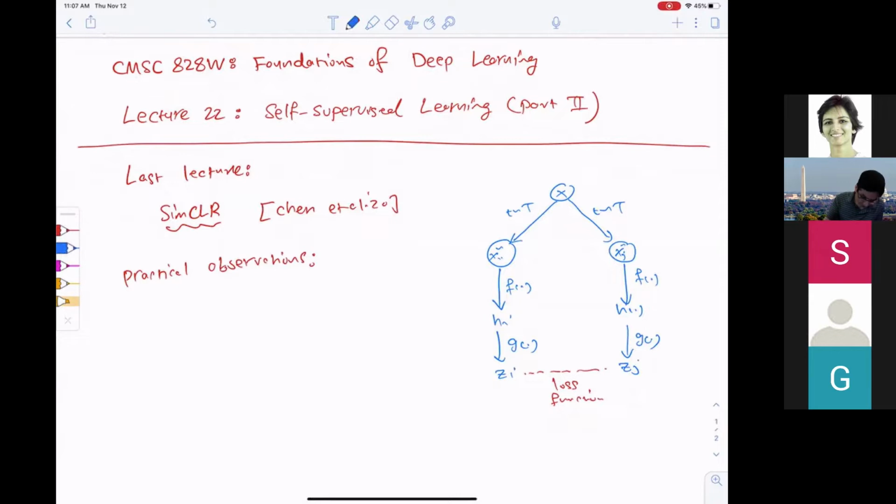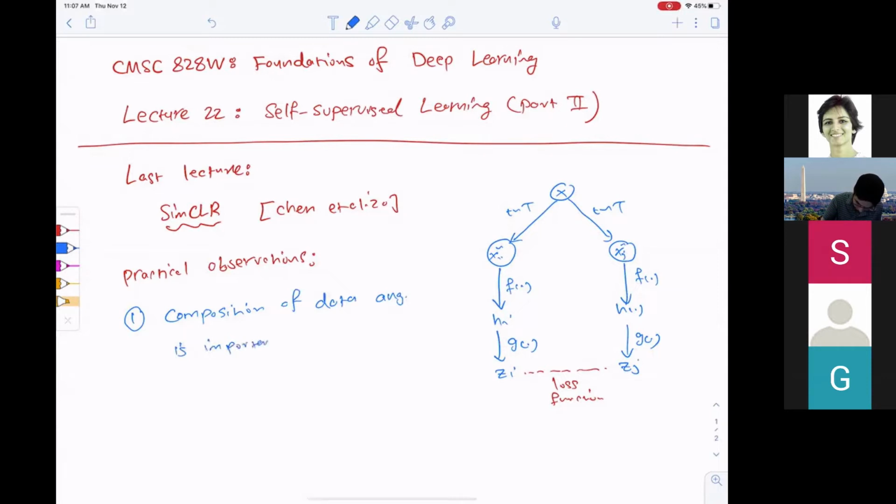So one observation is that composition of data augmentation is important in self-supervised learning, at least in their experiment. I think they have looked into three families of augmentations: color jittering, cropping the image, and adding Gaussian noise.